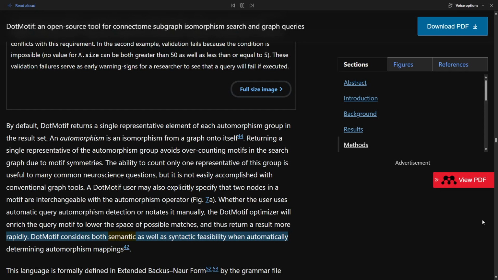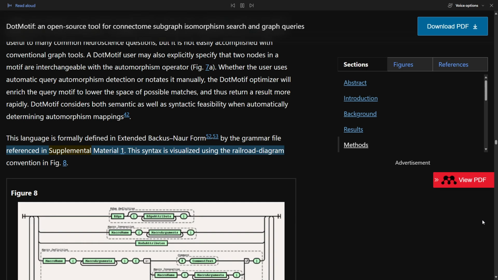DotMotif considers both semantic as well as syntactic feasibility when automatically determining automorphism mappings. This language is formally defined in extended Backus-Naur Form by the grammar file referenced in Supplemental Material 1. This syntax is visualized using the railroad diagram convention in Figure 8.